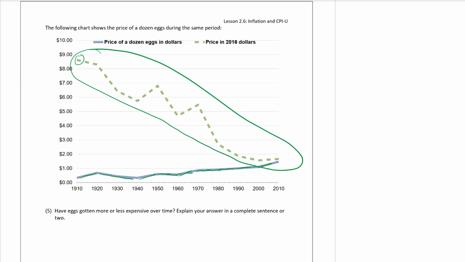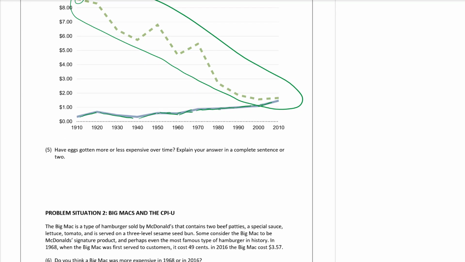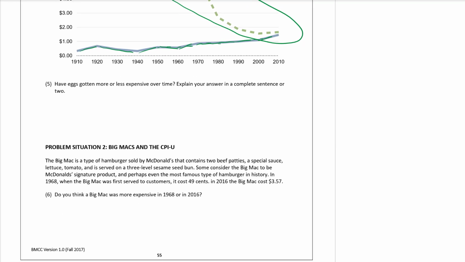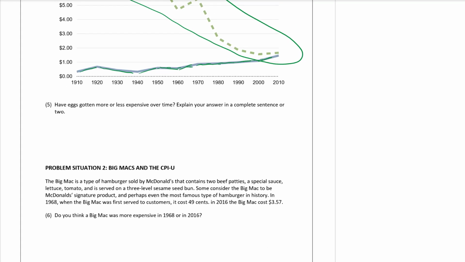It's much easier and less costly to farm chickens and get eggs, and therefore the prices were actually declining, which is the truth, right? The prices of eggs have gone down the same way as many other products that are produced through farming.